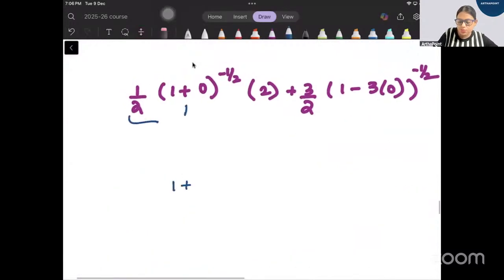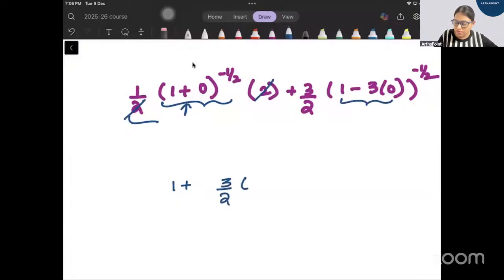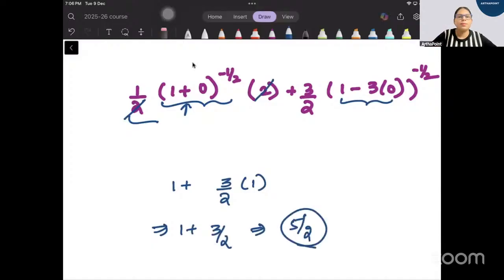This is 1 plus 0, which is 1, and 1 to the power anything is 1. This 2 and 2 will cancel out. So this will be just 1 plus 3 by 2, which is 5 by 2. Is it clear now?